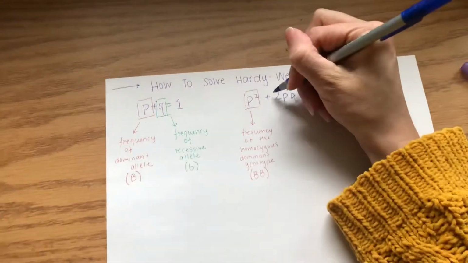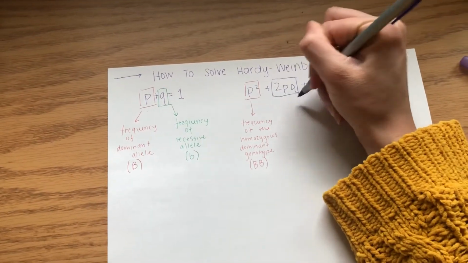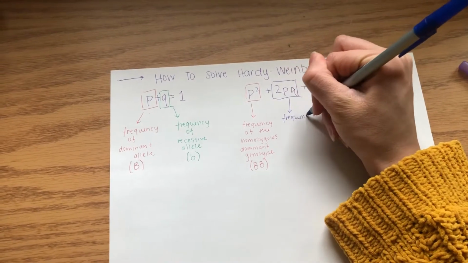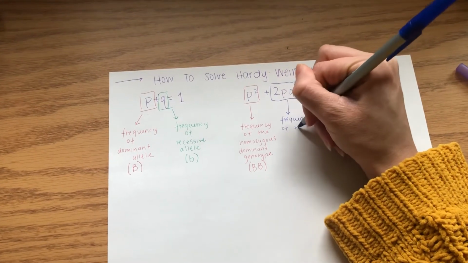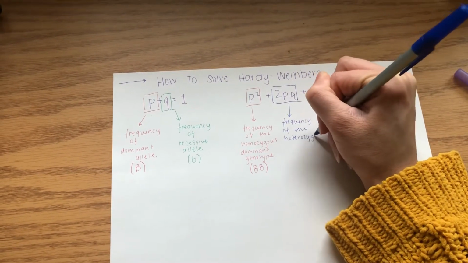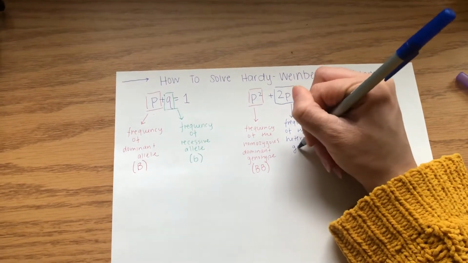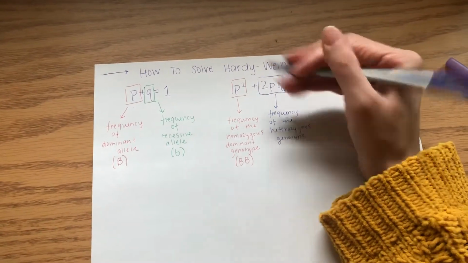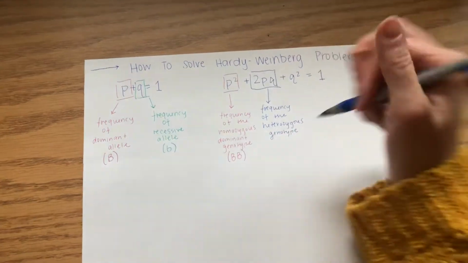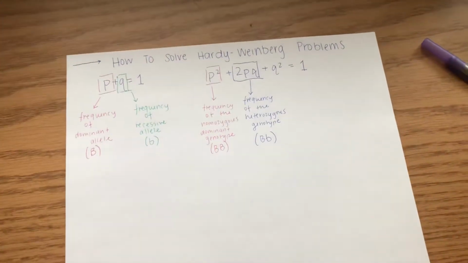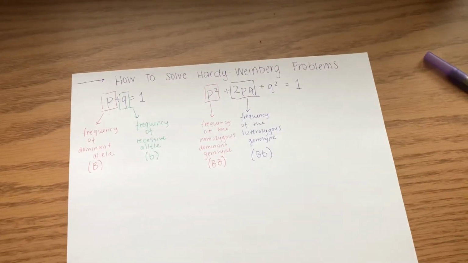Now we're going to move to our 2PQ. So this is going to be the frequency of the heterozygous genotype. So we know that because it has both P and Q, which as we saw here was our dominant and recessive. So this would be our uppercase B, lowercase b, if we're going to assign it letters.